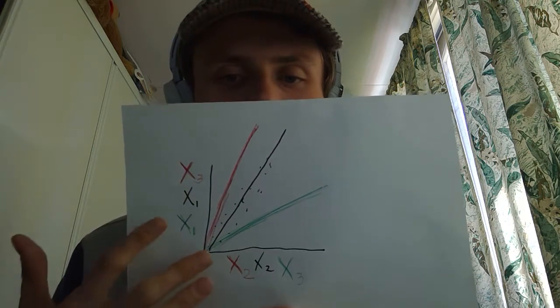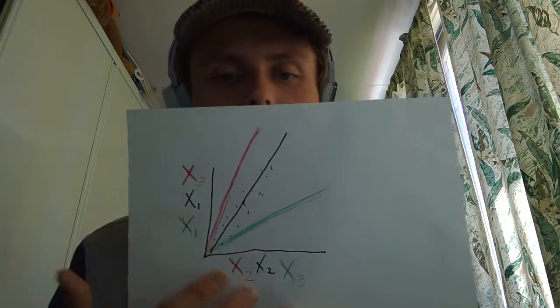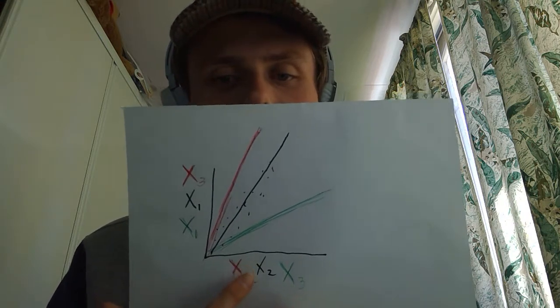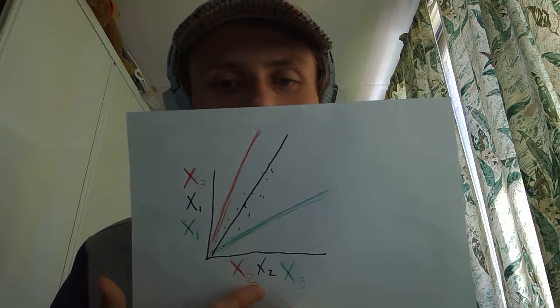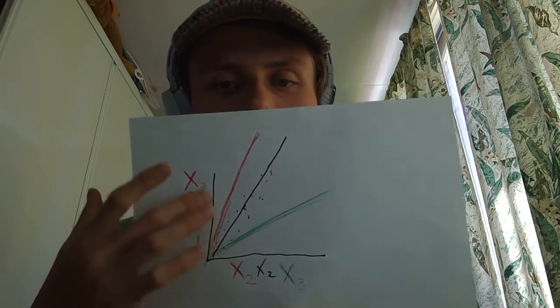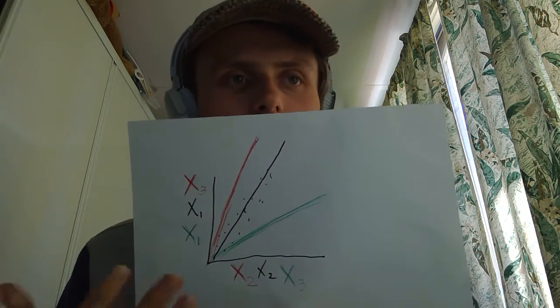But when you're talking in terms of both being x variables, you can have x2 on the bottom axis, or you can have x2 on this axis. Axes are just a good tool. They're not the actual thought.